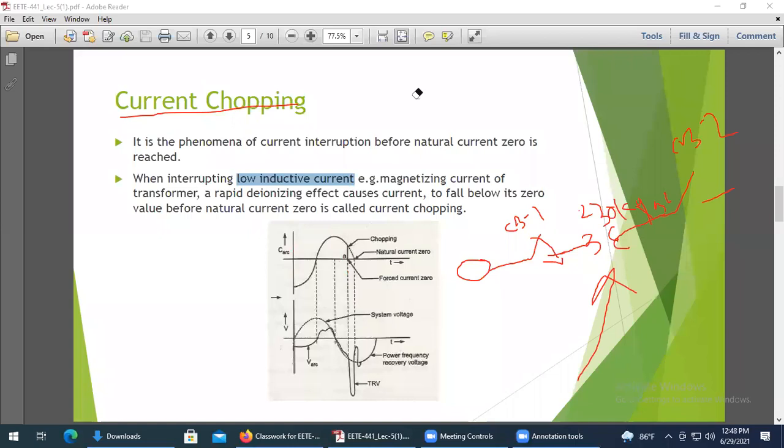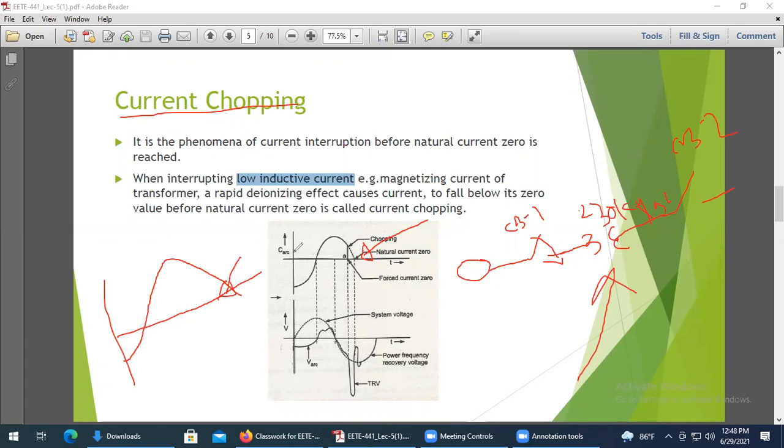Okay, now what is happening here? Normally you are supposed to interrupt this arc current at the zero point. Whenever this current is naturally zero, let's consider at this point, you are supposed to extinguish the electric arc.